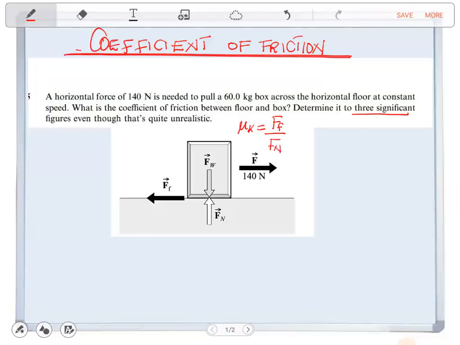So in this context, we first have to find the friction force, then we also find the normal force. Whichever you start with does not matter. Let's start with the normal force because it's easier.